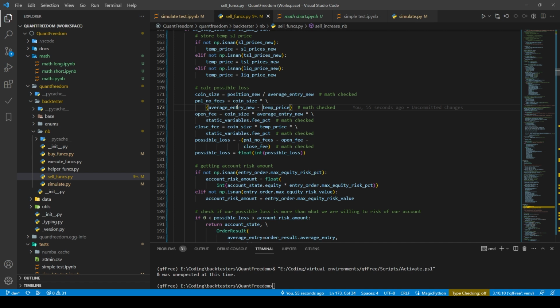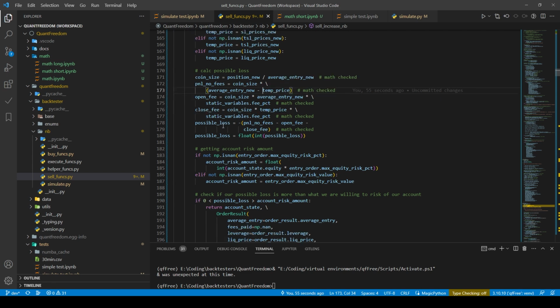So if my average entry was 1,000 and my temporary price was 990, then I would make money. Okay, so then the open fees, that's fine. Possible loss. What? I'm calculating this again?